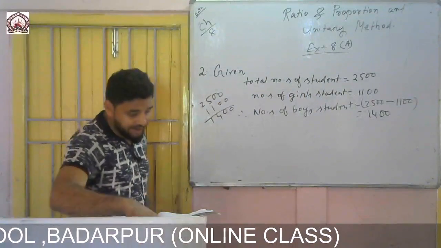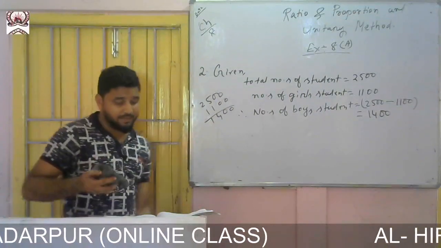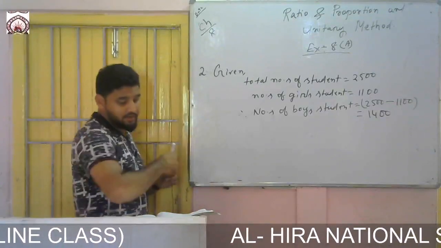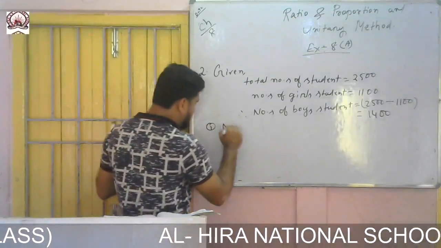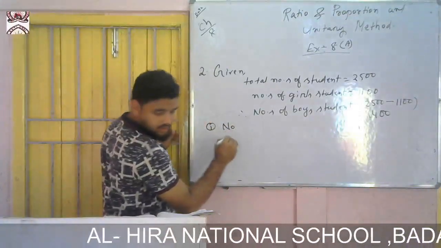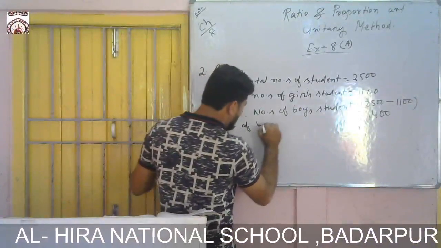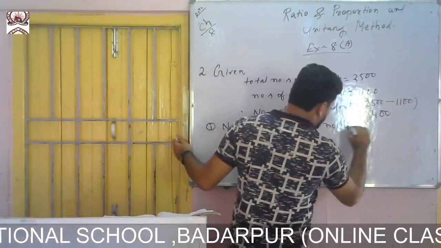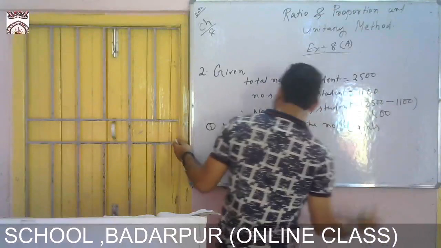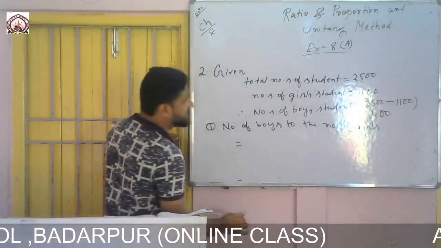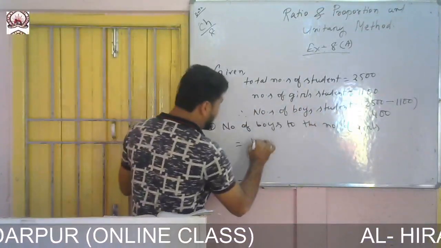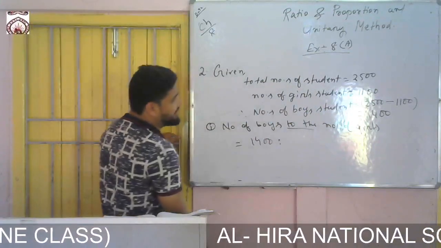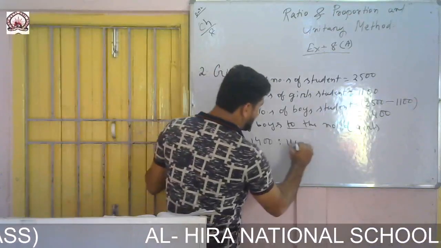Now we can find number 1, number of boys to the number of girls. Number of boys is 1400 to number of girls 1100.